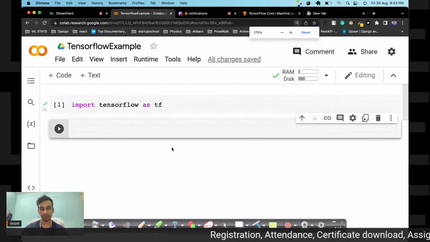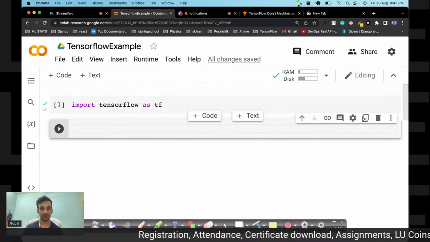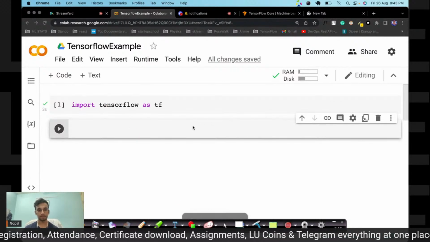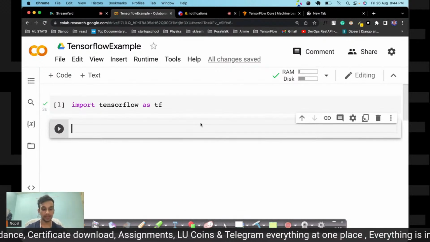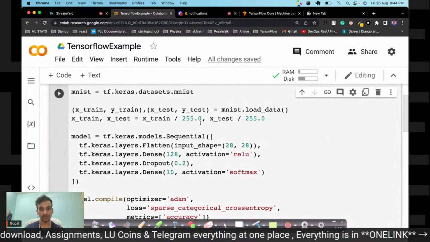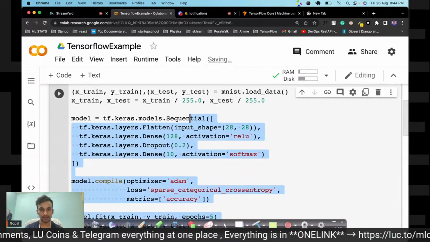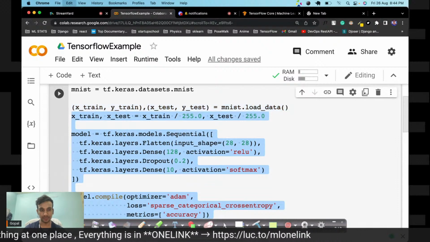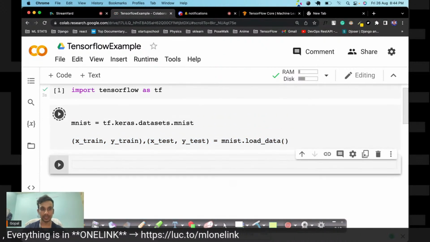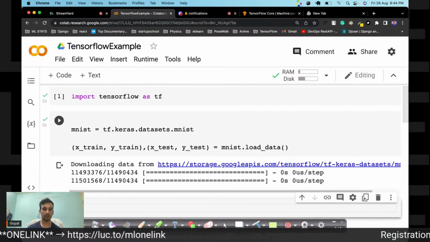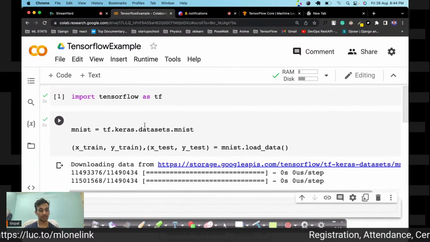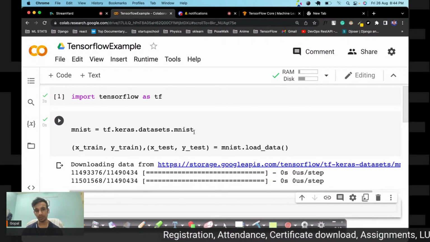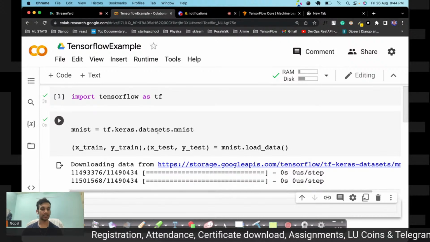Let me zoom in a bit. So this is again the TensorFlow library, right? And now, if I copy this value, I will be doing it one by one. So let me cut this down from here till here. Let's run this. In this case, this is the MNIST handwritten dataset. So what exactly is this dataset all about?